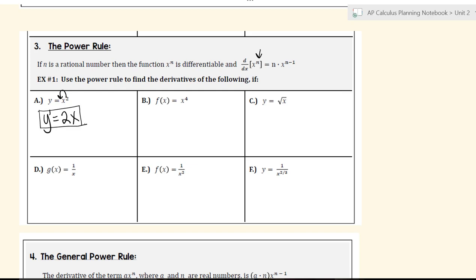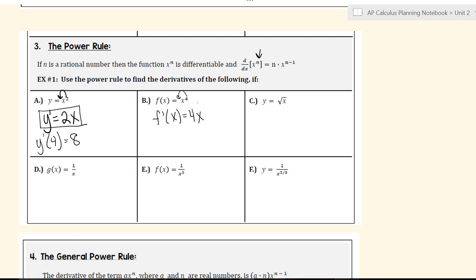I could then find that instantaneous rate of change at any point on x squared, and it would be represented by the equation 2x. For example, if I wanted y prime of 4, that would be 2 times 4, which would be 8. So I know that the rate of change happening at positive 4 on x squared is going to be up 8 over 1.